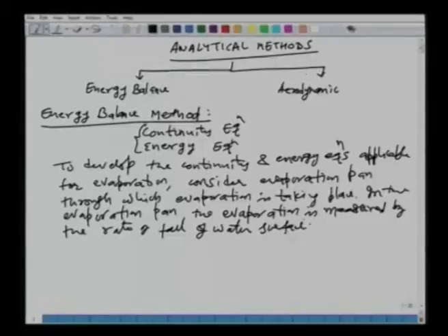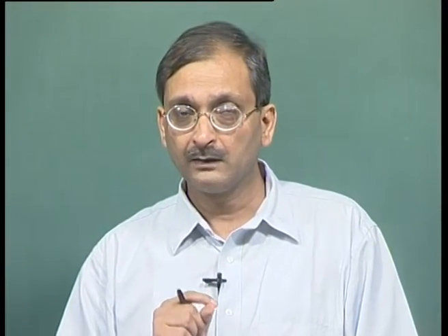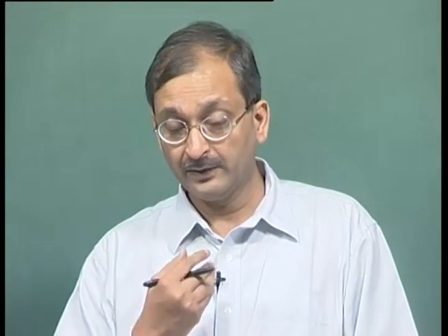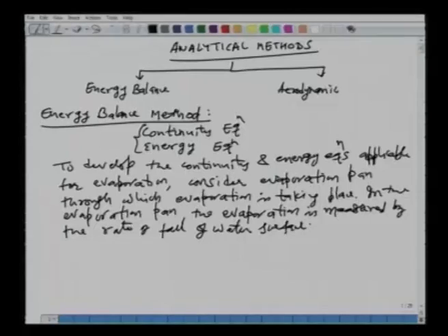Okay. So, we will take the evaporation pan. We would look at all the components which we need to consider in developing the continuity and the energy equations, and we will apply the Reynolds transport theorem which we have seen earlier. Okay. So, let us look at the schematic, or the control volume, and then define all the variables.